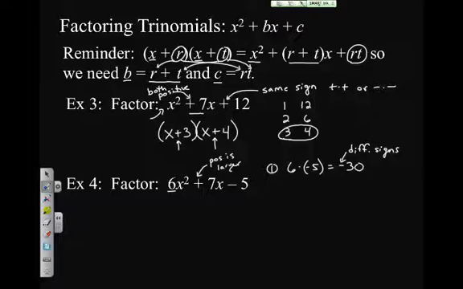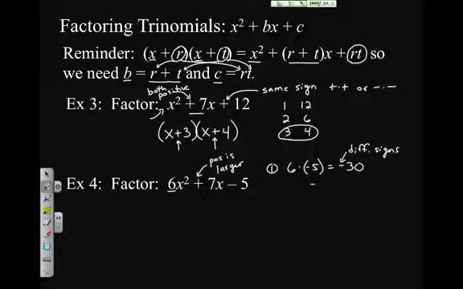Wow, that looks horrible. Let's fix that word. The positive one is larger. There we go. So we're going to find factors of negative 30 that will add up to be 7, where the bigger one is positive.